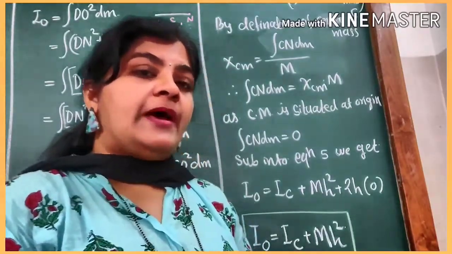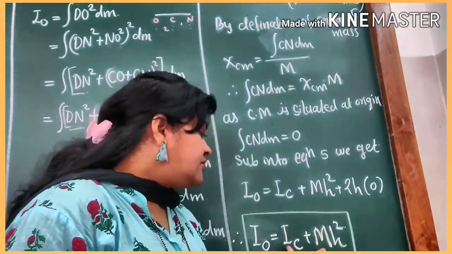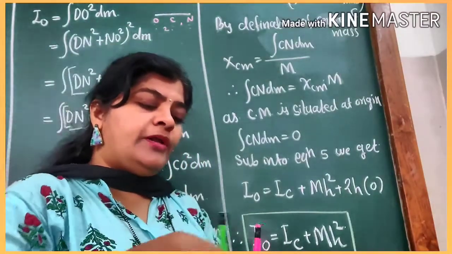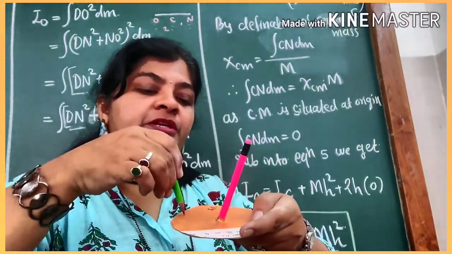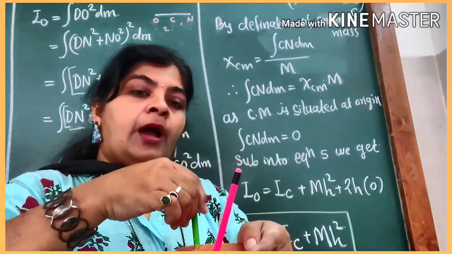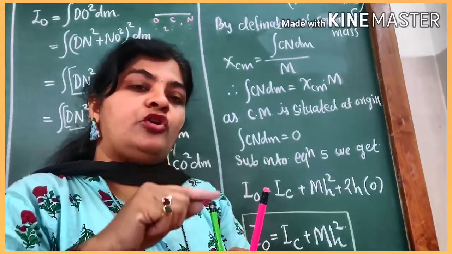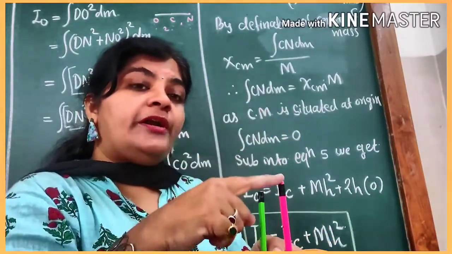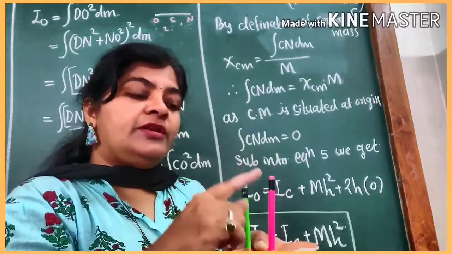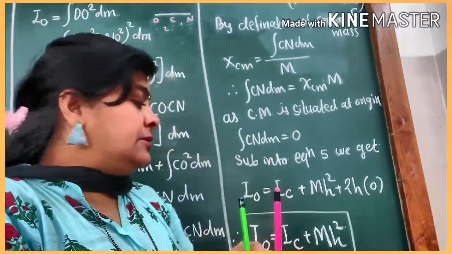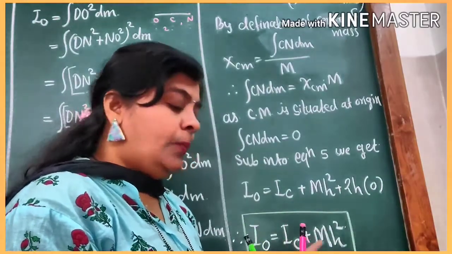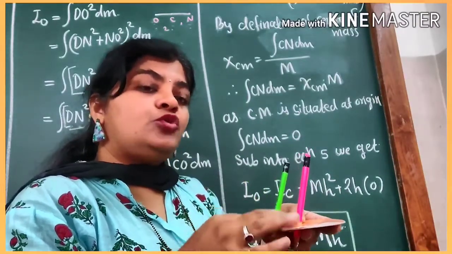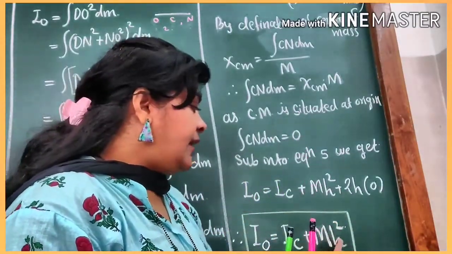Now, what is the use of this parallel axis theorem and why is this formula used? The moment of inertia of this body about any point on this object we can calculate, and this I_O is the moment of inertia of the object passing through the point O. But if we already know the formula for I_C, the moment of inertia of a body passing through the center of mass, then we can directly substitute the I_C value, and we must know the mass of the object and the distance between these two parallel axes, that is M and h square.